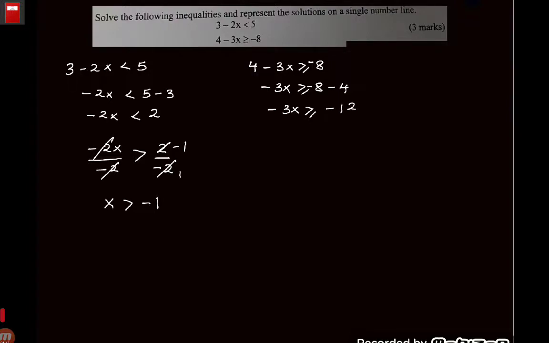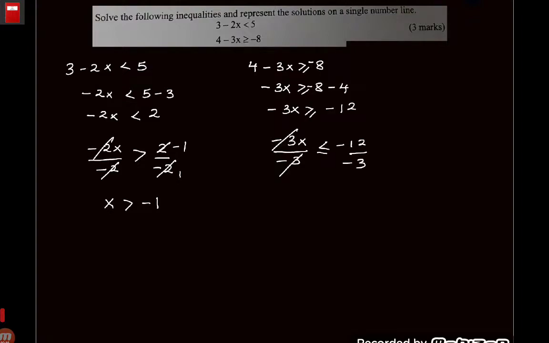To get x alone, we must divide both sides by negative 3. And when you divide by a negative number, the inequality sign would change. So it will be negative 3x over negative 3. The inequality sign would change to less than or equal to negative 12 over negative 3.